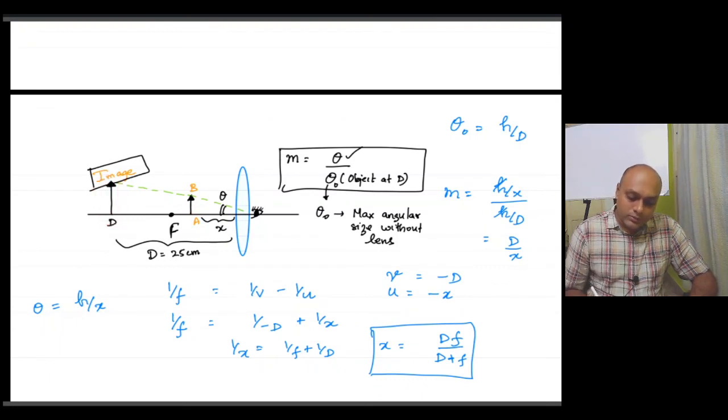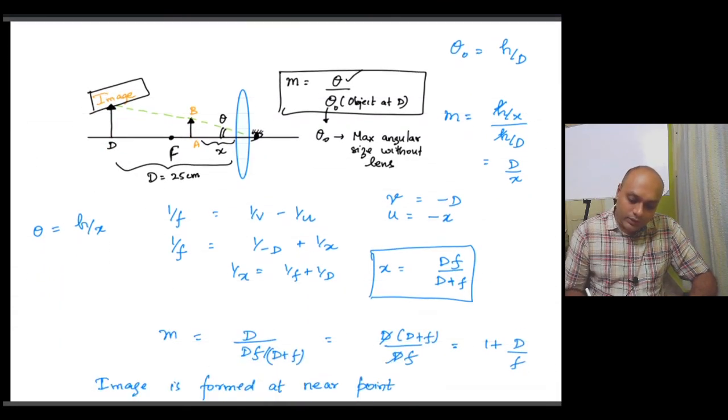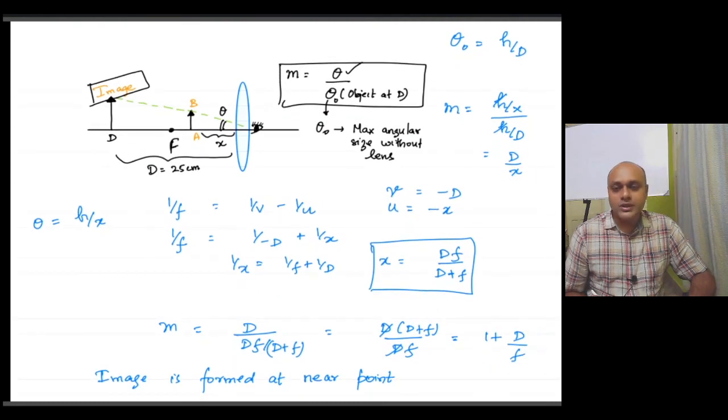So when the image forms at the near point, look at the magnification, it is 1 plus d by f. The previous case we got d by f as a magnification, now it is 1 plus d by f. So we have better magnification in this case. So this is about a convex lens, 2 cases of image formation, which is also called as a magnifying glass.